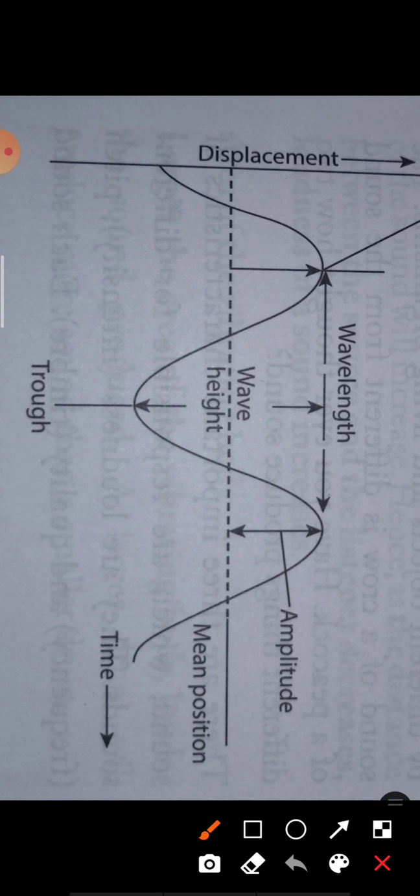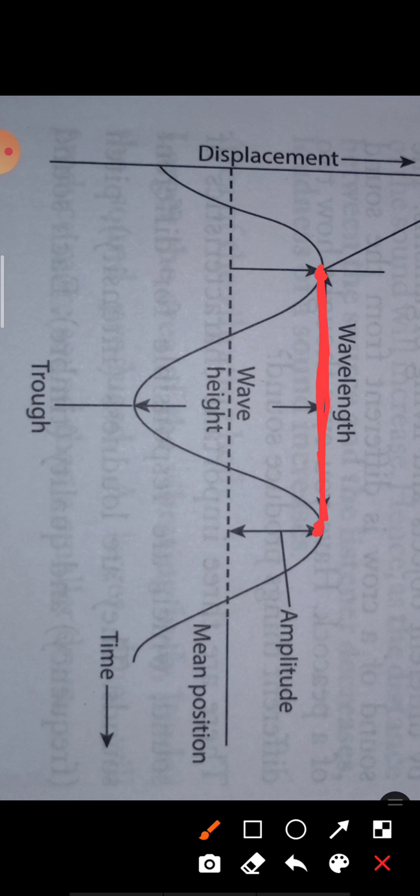So what is a wavelength? The distance between two consecutive crests is called wavelength. This is a crest and this is another crest, so the distance between two consecutive crests, that means this length, is your wavelength.